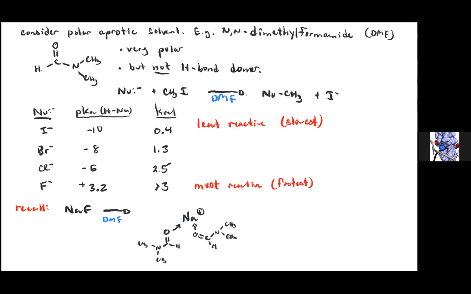But the F minus is still going to be solvated, surrounded by molecules, but you don't have a discrete sort of donor-acceptor interaction with solvent.